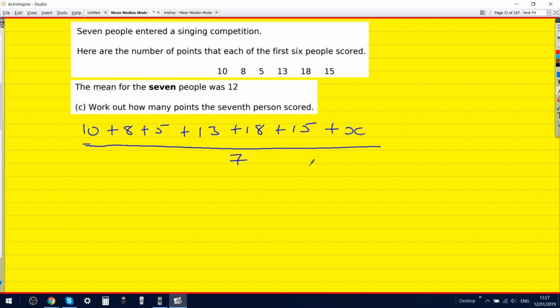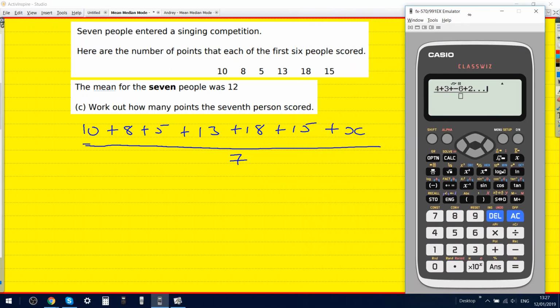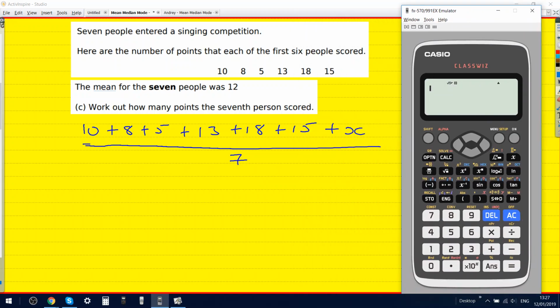Okay. So I'll just calculate all that. What would you do next? Once you've found that, you divide it by 7. No. 10, 8, 5, 13, 18, 15.